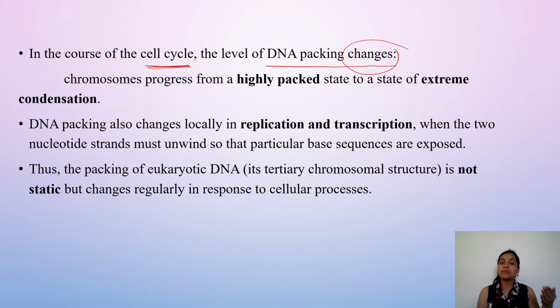When the chromosome enters the cell cycle, it is in a highly packed stage, that is, in the chromatin state. But as the cell cycle progresses, the condensation of the chromatin increases, and the DNA changes from a highly packed state to an extremely condensed, extremely packed state.